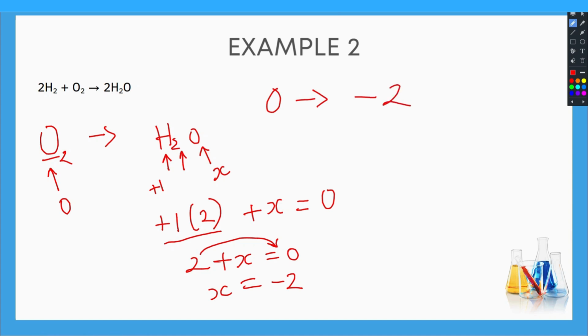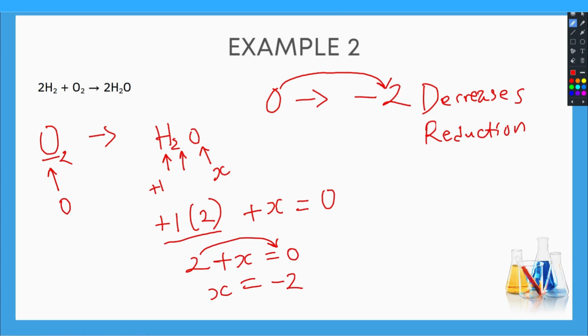So now, the question I want to ask you is, if something moved from 0 and then it moved to -2, does it increase or decrease? The correct thing to say here is that it decreases. What does this tell you? It tells you that reduction has occurred. Reduction has occurred.